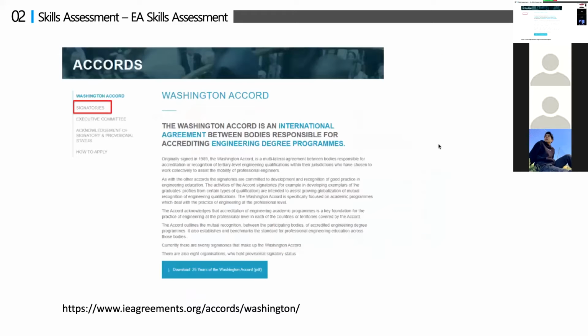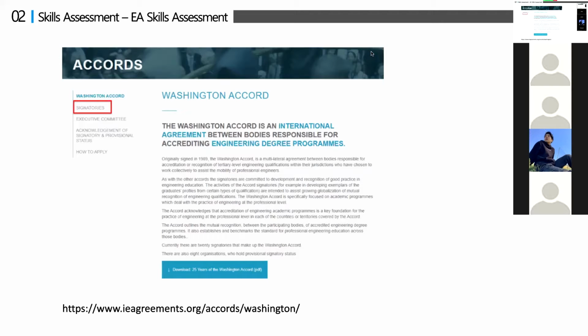So the Washington Accord is kind of a curriculum, to make it simple. It is designed by the engineering association, and they share all the foundation knowledge and skills. So the universities offering courses based on the Washington Accord have similar curriculum, teaching knowledge and skills, because it is designed by the Washington Accord.